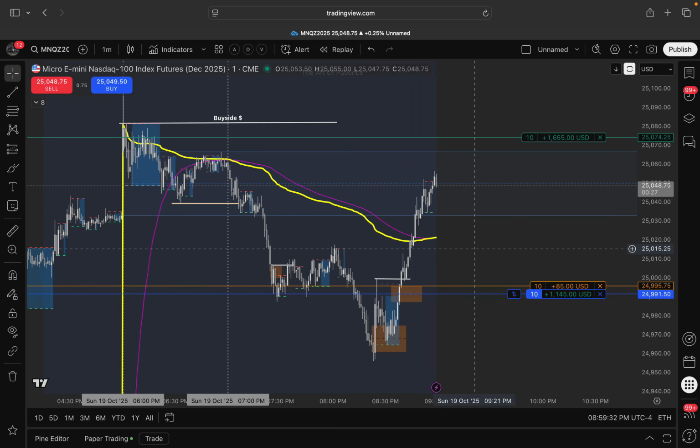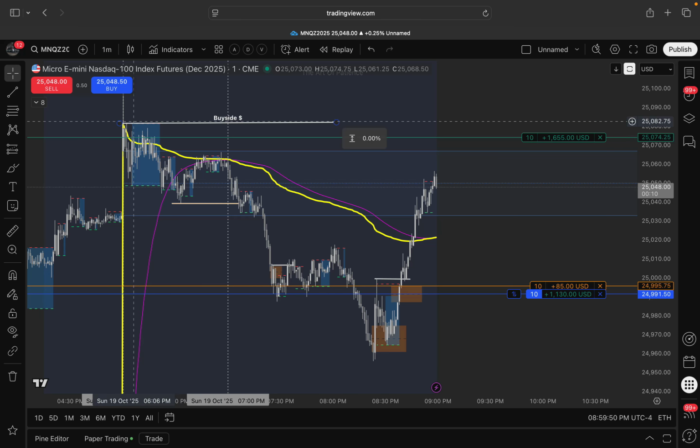Again, remember, a quick recap of how to trade the Asia session and the important times that we need to mark on the charts. That is 6 p.m. and 7. Between 6 and 7, we wait for price to form liquidity.